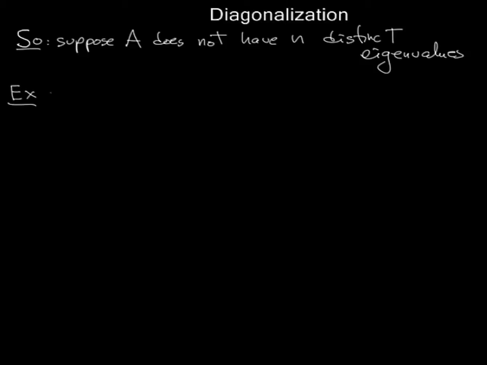So now suppose we have a matrix A and it does not have n distinct eigenvalues. I'd like to examine whether it's diagonalizable or how you can tell. So, well, here's an example. Take this matrix. This has only two eigenvalues, 3 and -1.